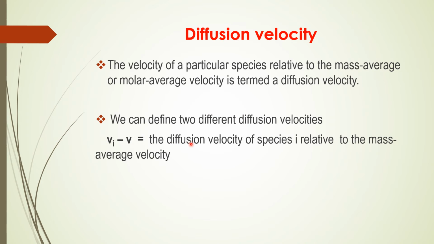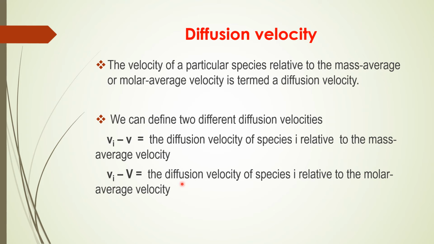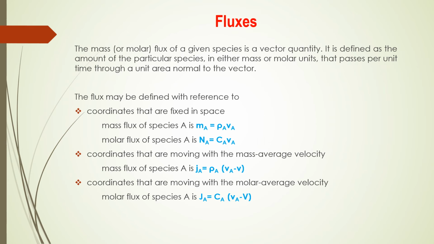So the diffusion velocity of species i relative to the mass average velocity is Vi minus v. Vi is velocity of species i minus the mass average velocity. The same way, Vi minus capital V is the diffusion velocity of species i relative to the molar average velocity.